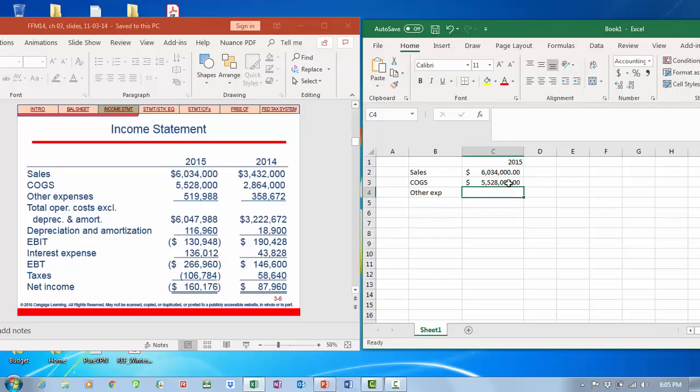Then other expenses, which are overheads, like advertising, transportation, which are again taken as cumulative for those sales numbers.